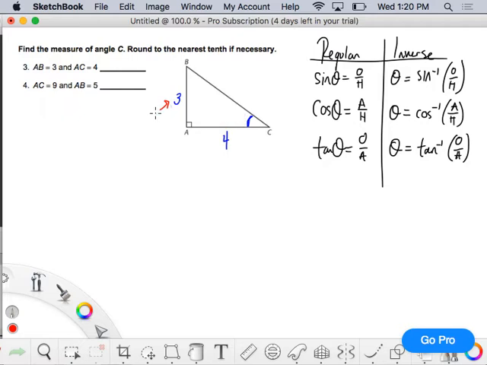Opposite. 3 is opposite to the angle. 4 is adjacent. So we have the opposite side and the adjacent side, so which should we use? Tangent. So we get theta equals inverse tangent of 3 over 4.